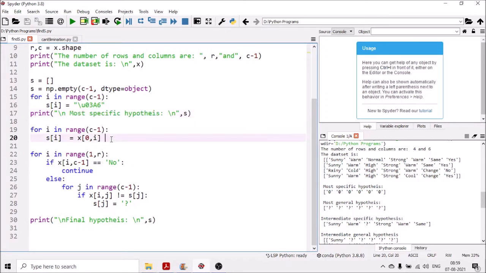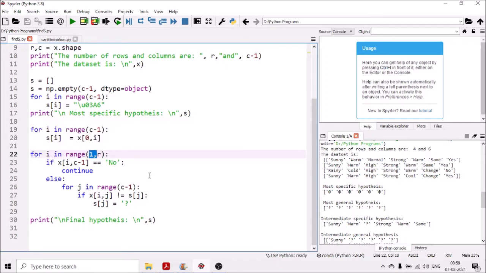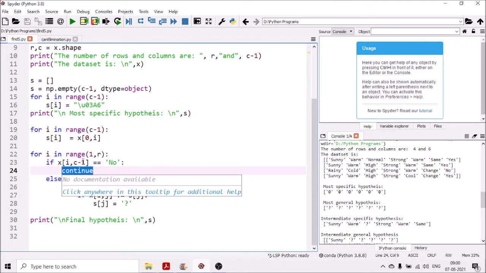For the first column, if it is the first data, we store the first value here. From the first data into the specific hypothesis, and from the second data till the r, which means total data: if it is a no, then we have to ignore it because it is a negative example.